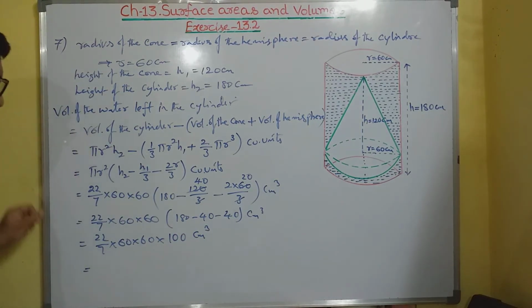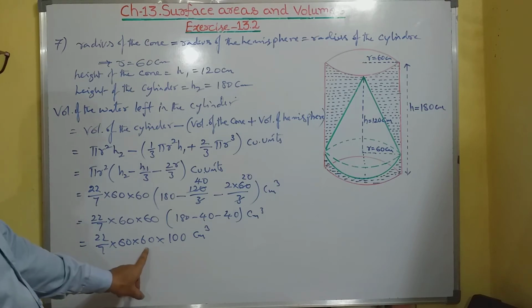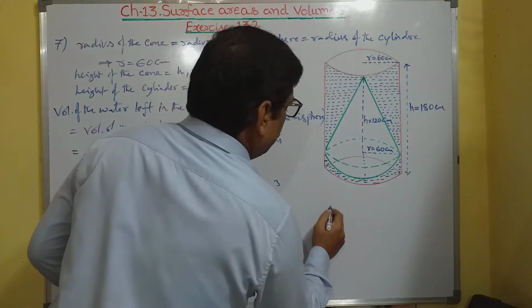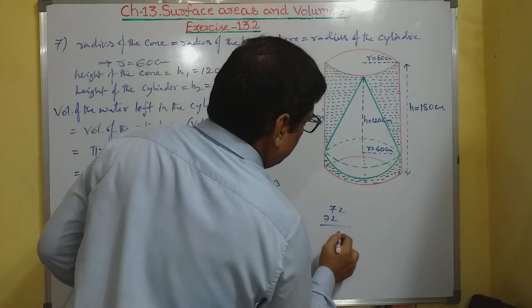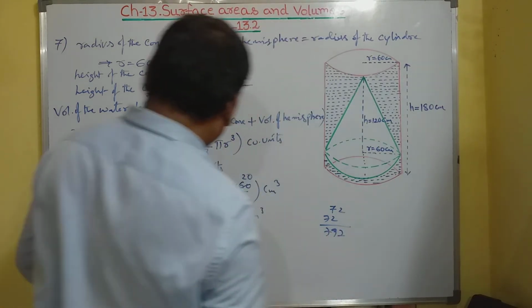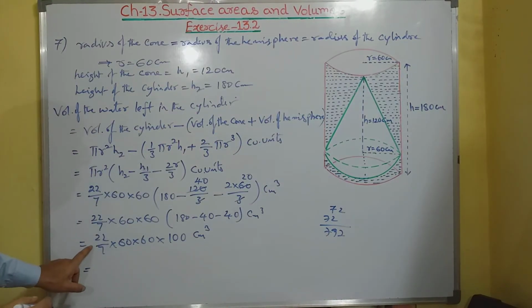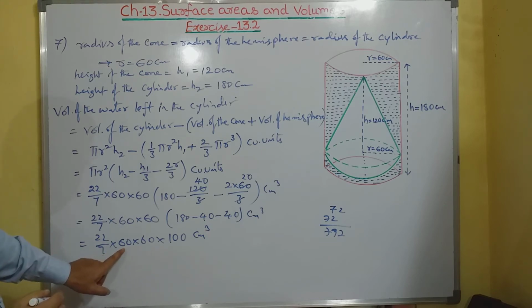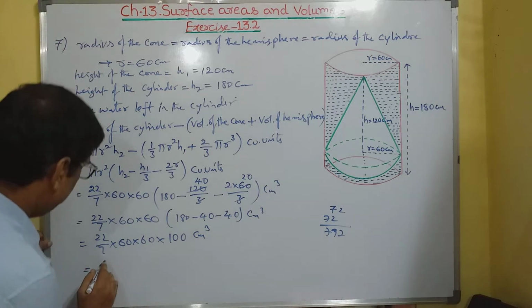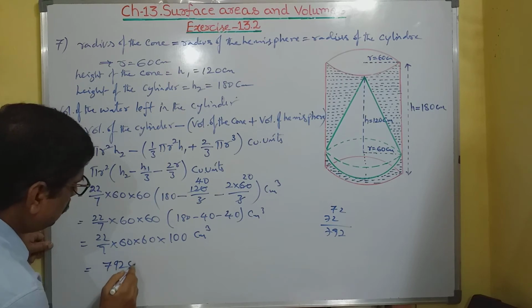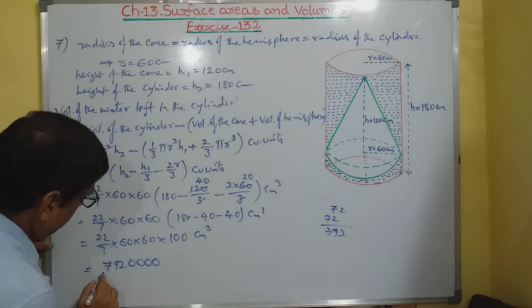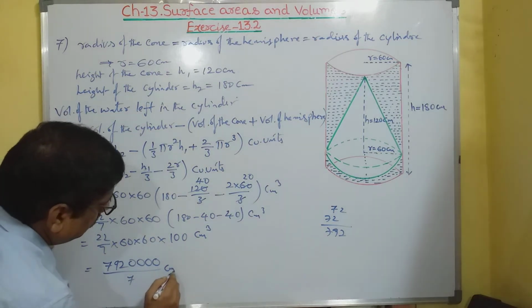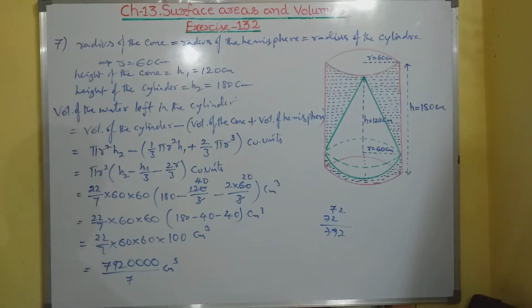Now we have to simplify this. We know that 6 into 6 is 36, and 36 into 22 is 792. So we get 792,000 by 7 centimeter cube.